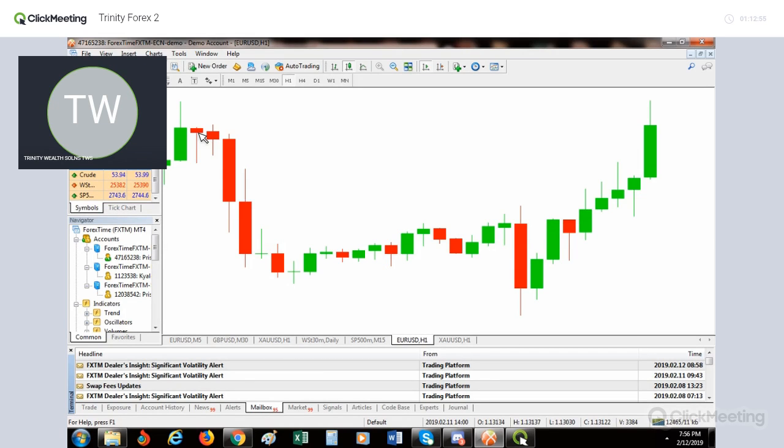Remember, we said a pip is the 4th decimal point. I'm sure when you look at the prices, you see they have 5 decimals, like the opening was 1.13134. But that last digit is a pipette. We really don't count it. So we only count up to the 4th decimal point.